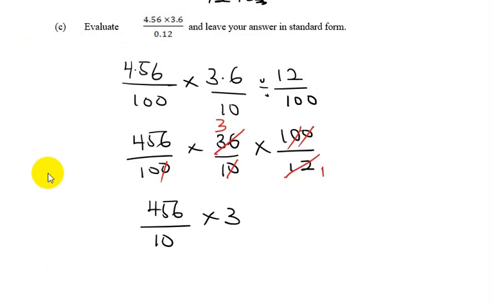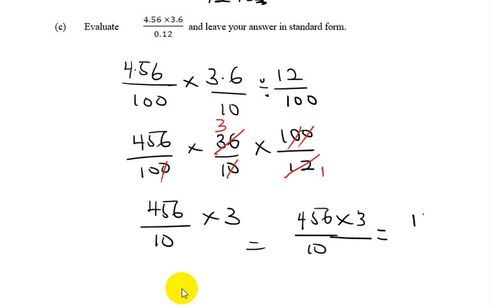Now we can still cancel out, but we can also go for 456 on 10 times 3. Then we are going to get 1368 over 10.